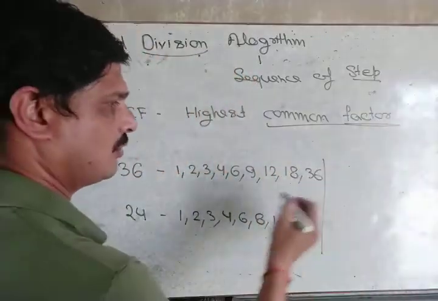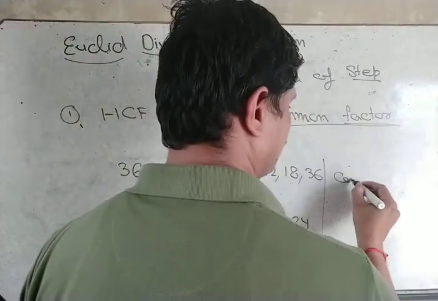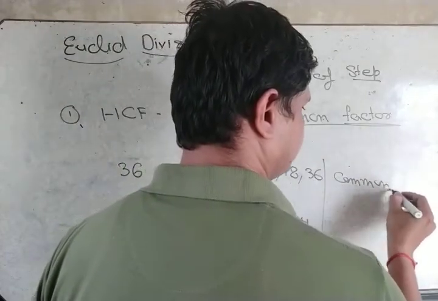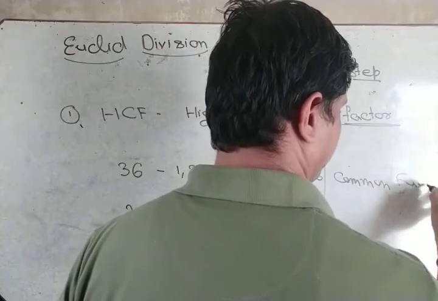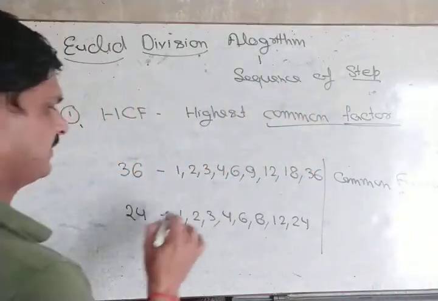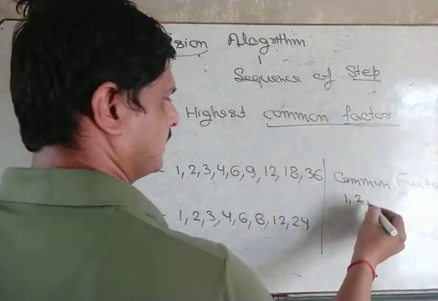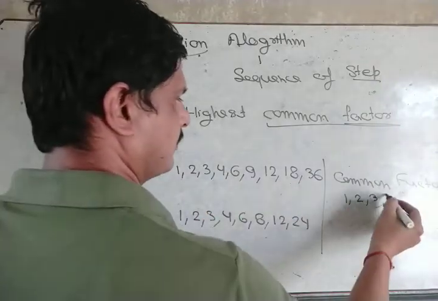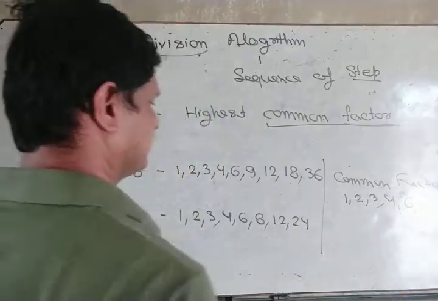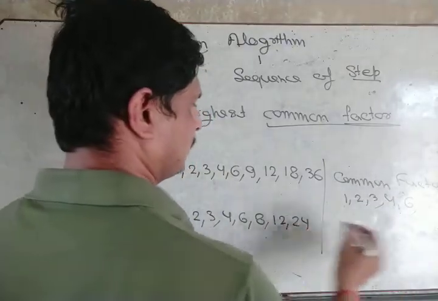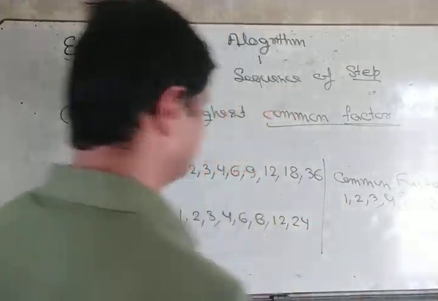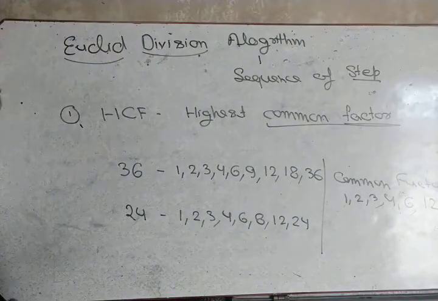After that, we are looking for common factors. So common factors are 1, 2, 3, 4, 6, 12. These are the common factors.